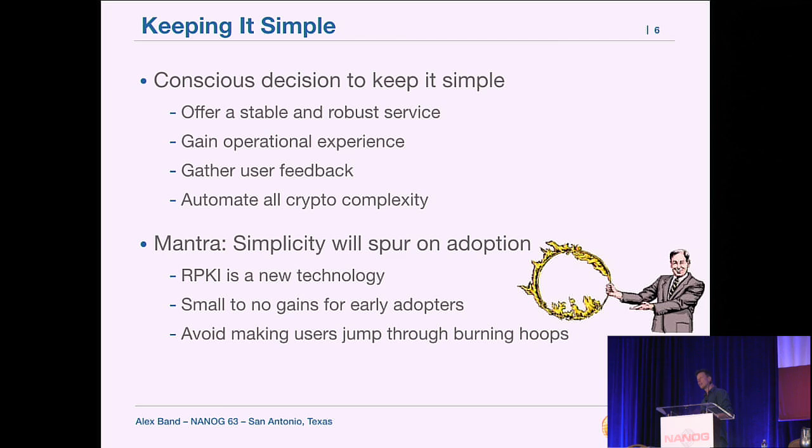Because ultimately, if you're going to ask people, do you want a reliable system where you can make statements about your routing, and they have to worry about setting up their own CA, and they have to worry about doing their own key rollovers, what are they getting in return? Especially if you're an early adopter. You're putting in all that effort, you're getting nothing in return. So we try to avoid making people jump through burning hoops.